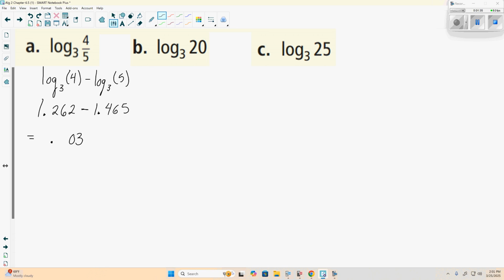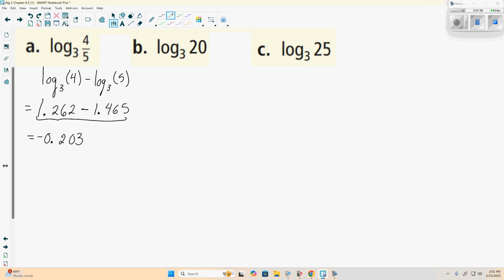We should get negative 0.230. At this point here, we could plug that subtraction in the calculator, let it do it for us, and it'd give us our answer. Questions on the first one here?